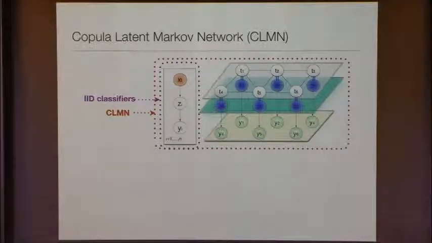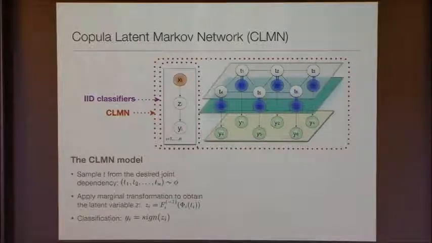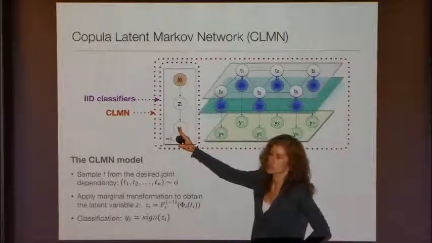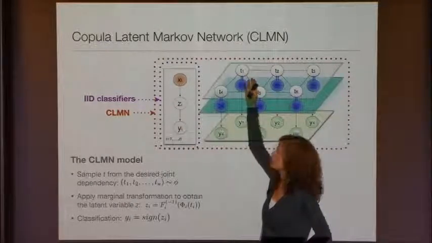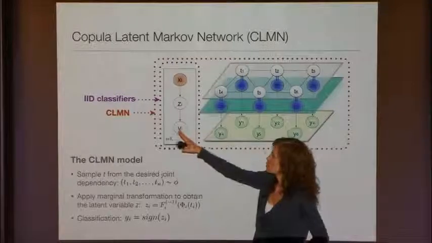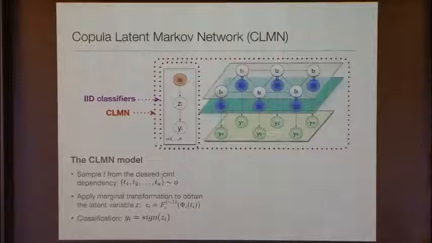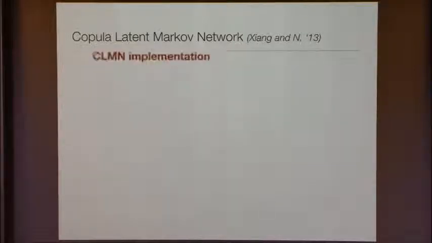That's way too complicated to get into here, but the key point is that because we can separate the marginal representation from the joint representation, we're able to constrain the nodes to have identical marginals. Okay, so that's the key point that I wanted to make.